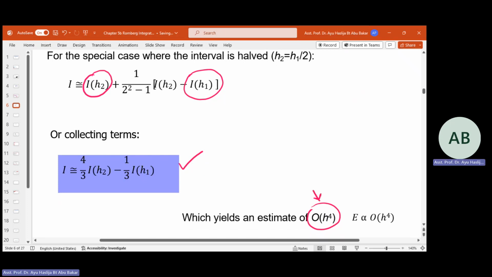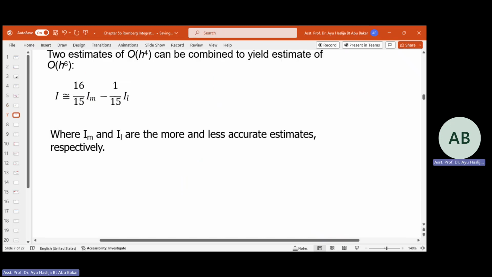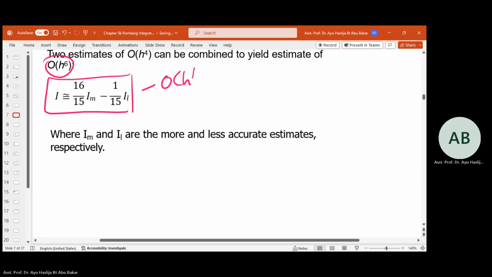From the value of the second integration, we combine, you will get O(h^6). Later you will do examples, then you will understand more. Now I introduce you the equation first.